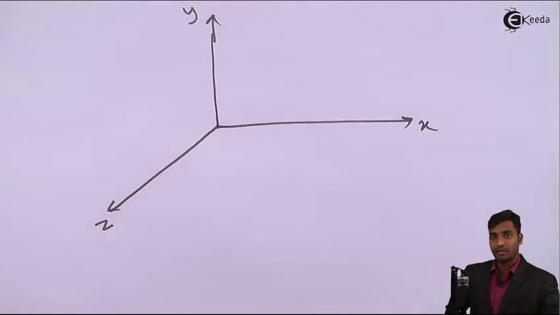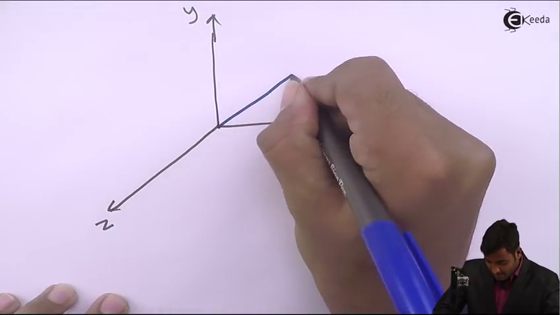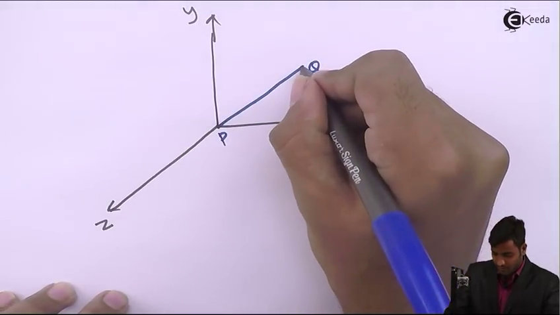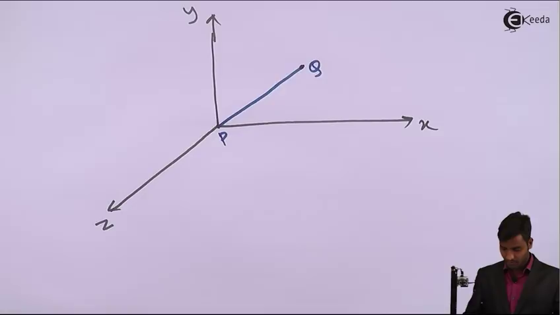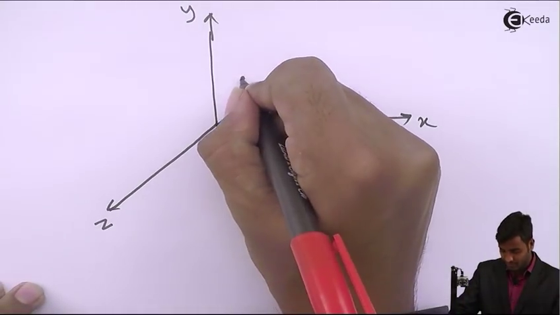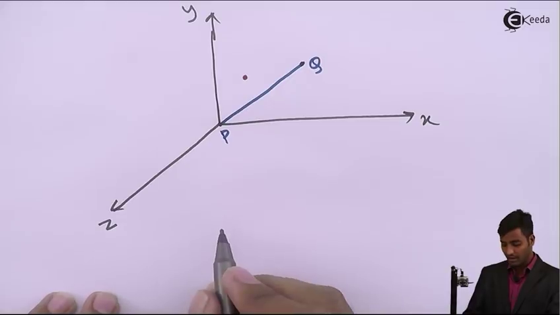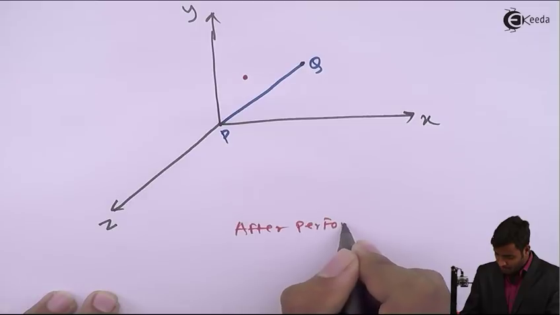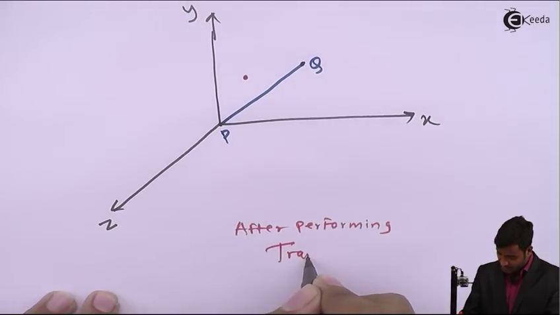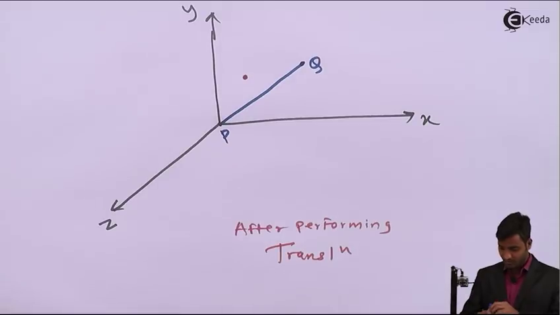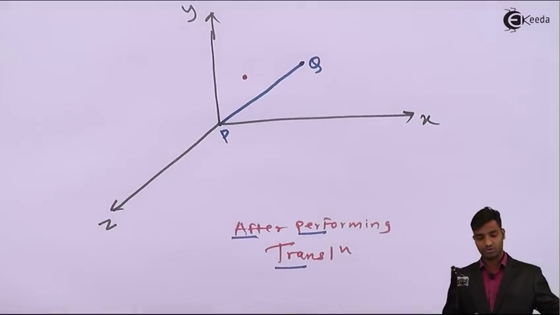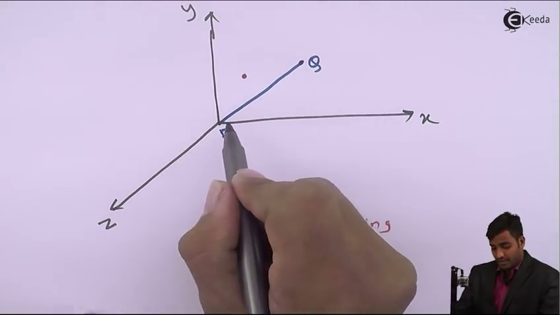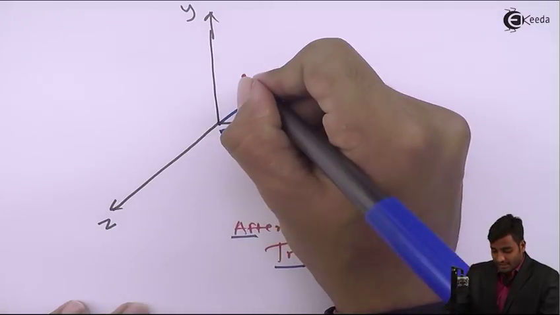After performing translation, the line PQ comes somewhere here, and the point will come somewhere here. So this is the figure after performing translation. Now the 3D line is brought, or shifted, to the origin, and the point has come somewhere here.